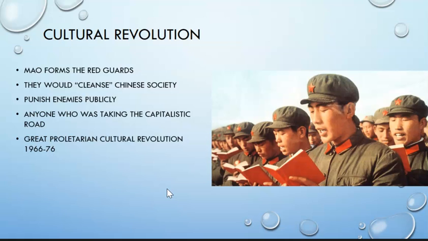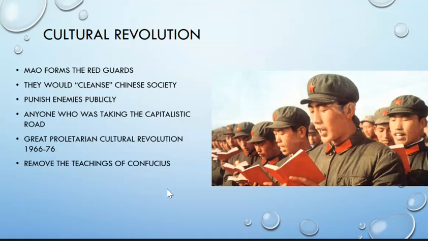So this great, what was officially called the Great Proletarian Cultural Revolution, will last for a decade, from 1966 to 1976. In this was a cleansing of all the old ways. So the teachings of Confucius, which had been the backbone of Chinese culture, will be removed.